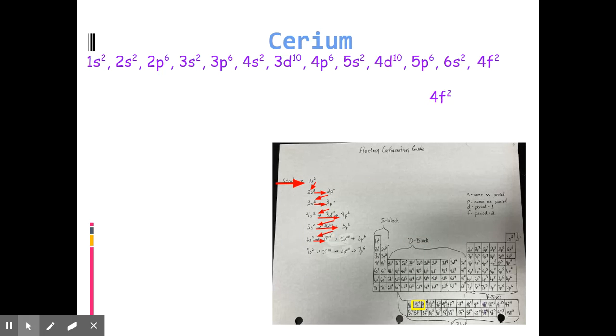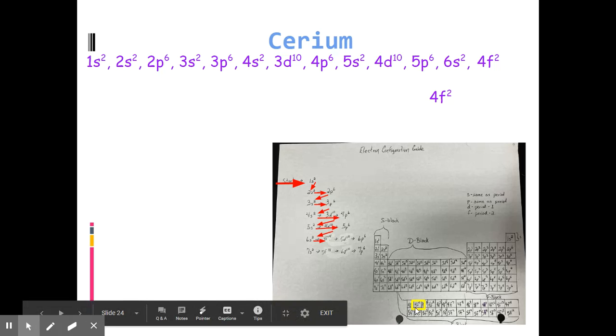If we look at cerium, we did cerium in the first part of 4.2. This was the whole configuration for cerium. It's rather long. Cerium is located right there on the periodic table, which is actually in this row.